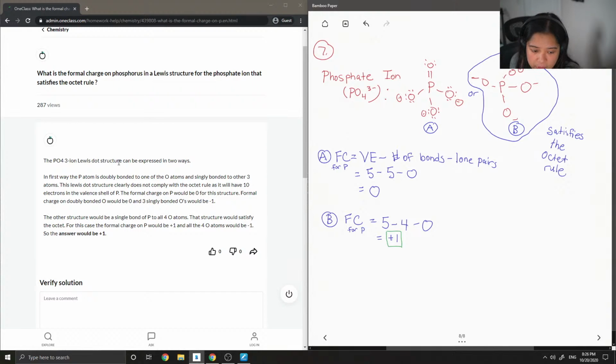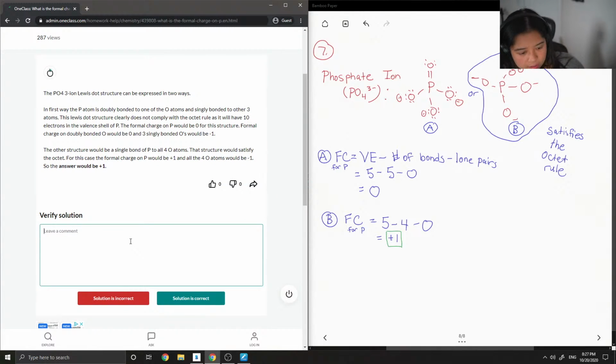Formal charge on doubly bonded oxygen would be 0, and the 3 singly bonded oxygens would be -1. The other structure would be a single bond of phosphorus to all 4 oxygen atoms. The structure would satisfy the octet. For this case, the formal charge on phosphorus would be +1, and all the 4 oxygen atoms would be -1. So the answer would be +1. That was very well written, so this solution is correct.